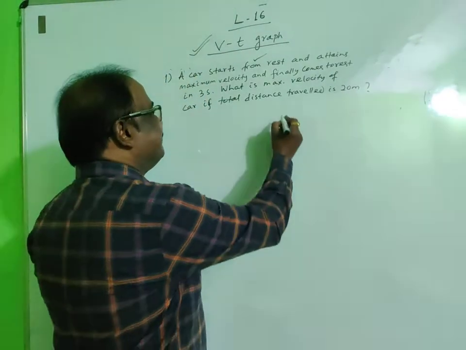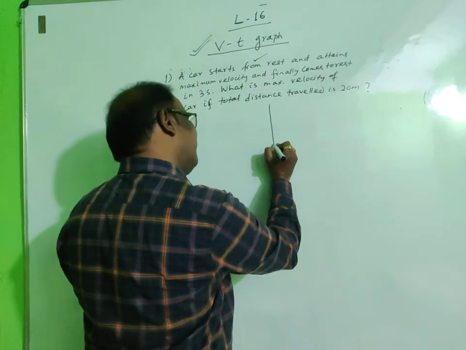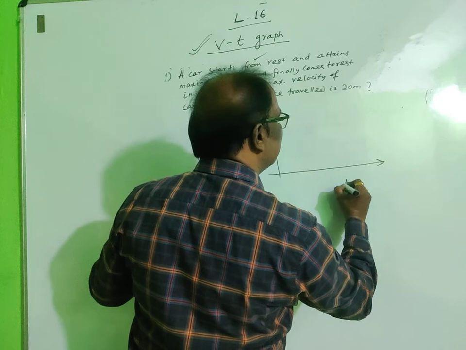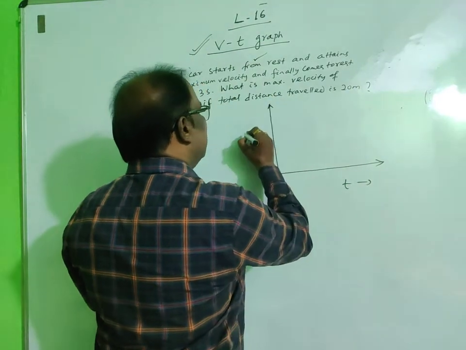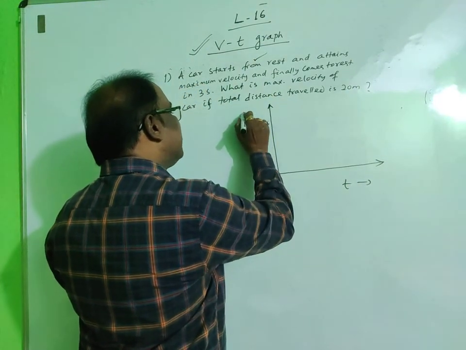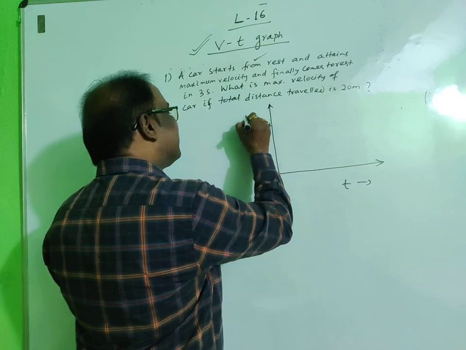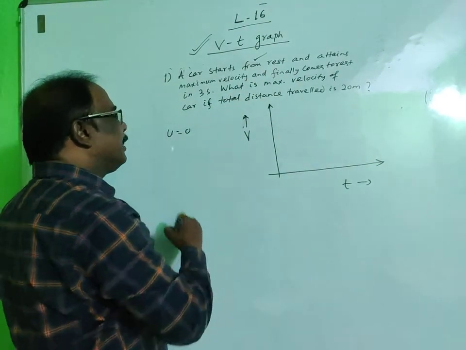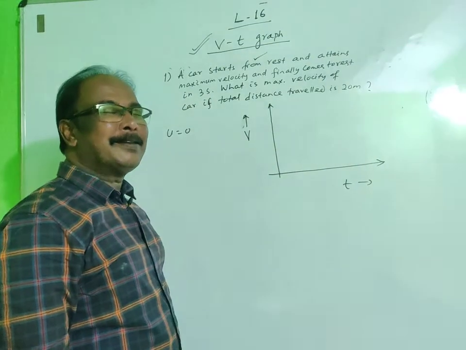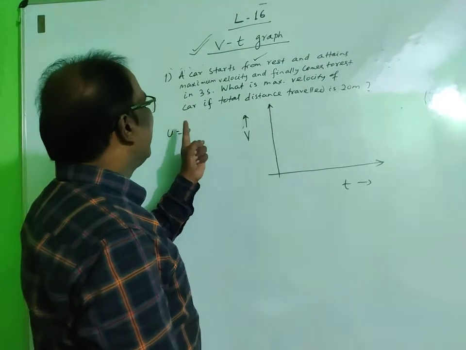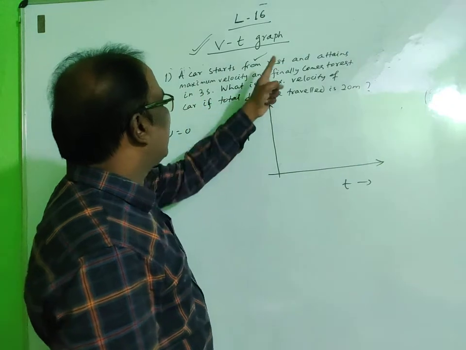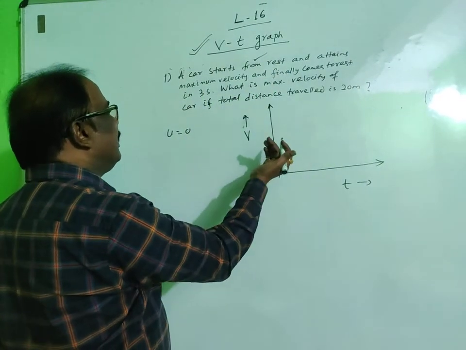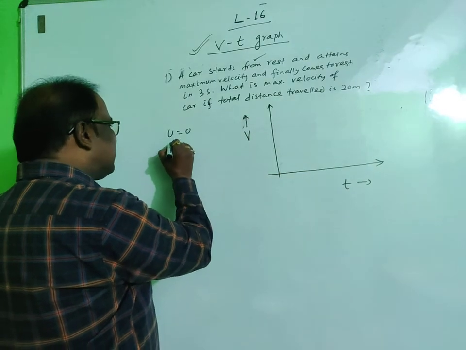Then what is the nature of the graph? See, this is the time axis, and this is the velocity axis along the y axis. As given, the car starts from rest, which means the initial velocity of the car is 0, it attains maximum velocity and finally comes to rest in 3 seconds.